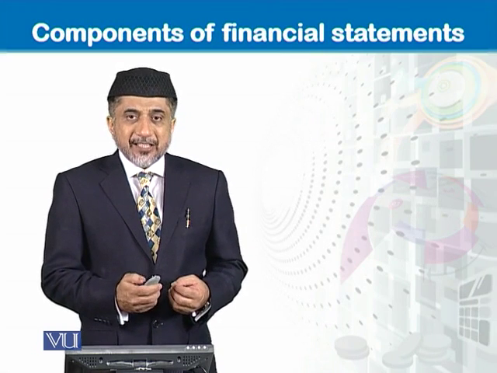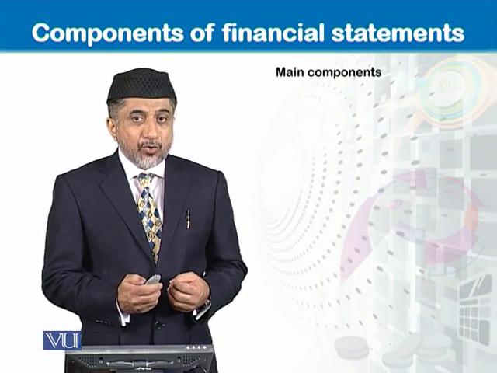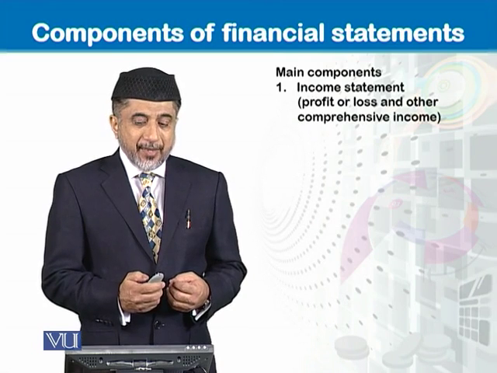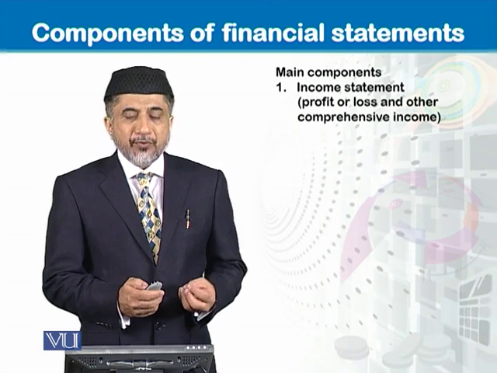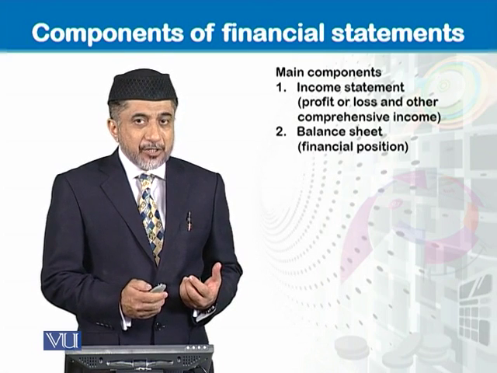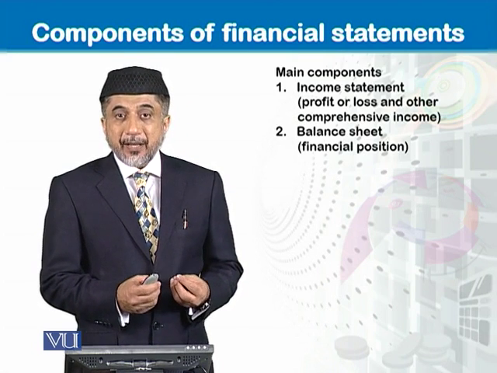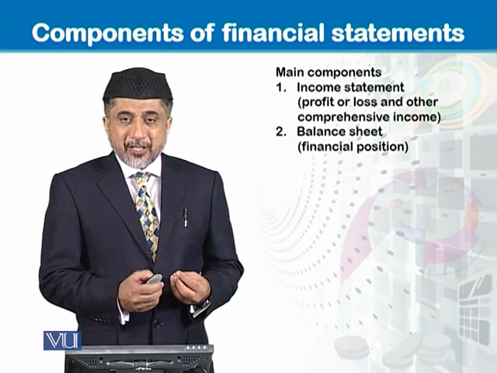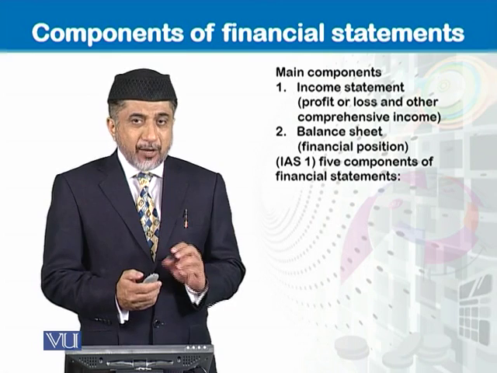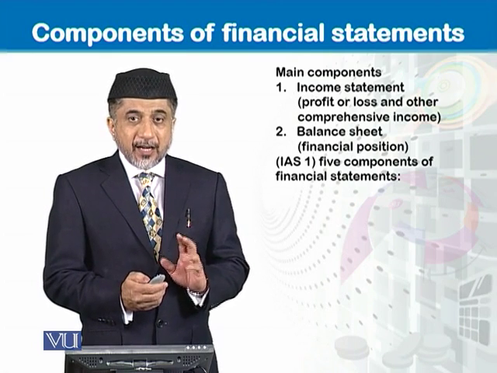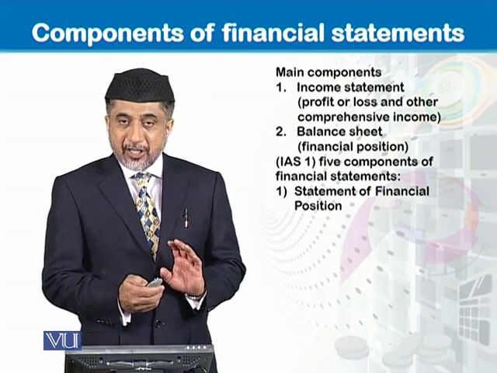When we say financial statement, we must know what are the components of financial statements. Broadly speaking, mainly there are two components of financial statement. One is the income statement and the second one is the balance sheet. But when we look into the International Accounting Standard, there are 5 components of financial statements.